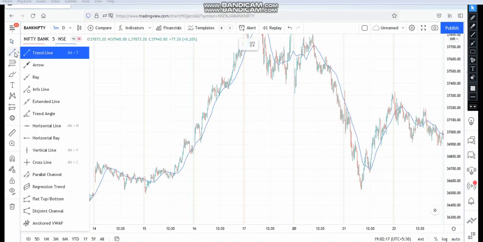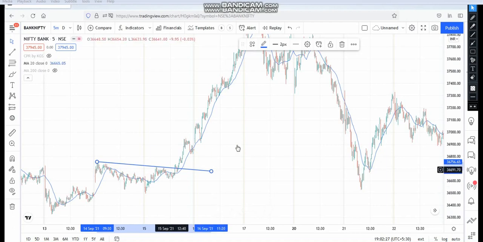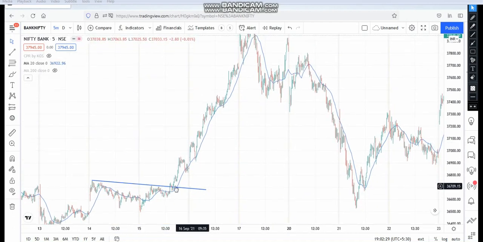I am going to draw a trend line here. Here you see, I have taken two resistance, and there is a clear breakout here, and the price was 36,700. From the breakout at 36,700, the market went till almost 38,000.